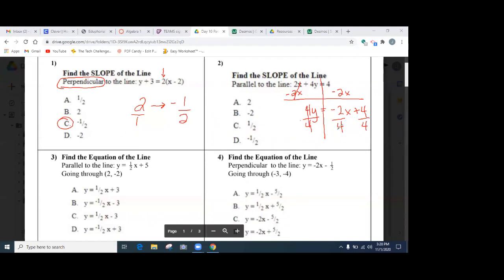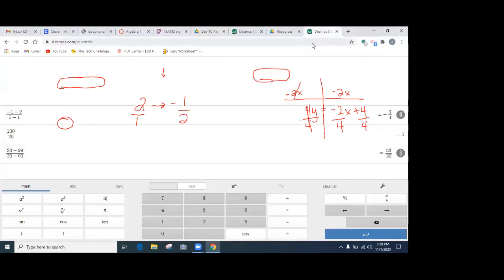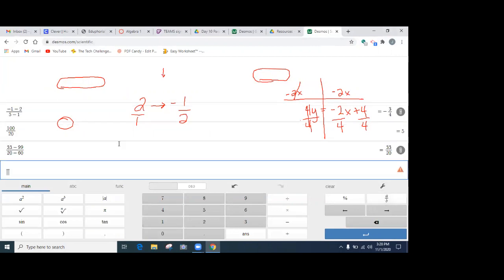All right, so unfortunately, we need to go plug this into our calculator to see if it reduces. Now, we're only interested in the slope, which is next to x. So I'm not interested in anything else, just the slope. So I'm going to go plug in to our scientific Desmos. I'm going to hit fraction bar and plug in negative 2 over 4 and hit enter.